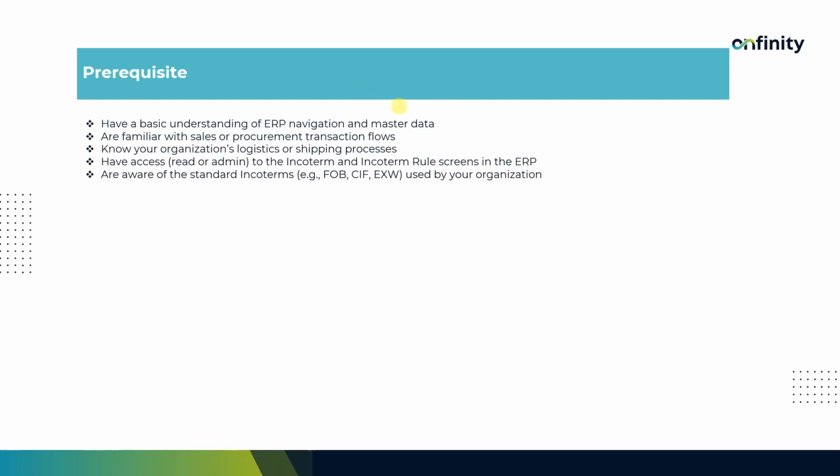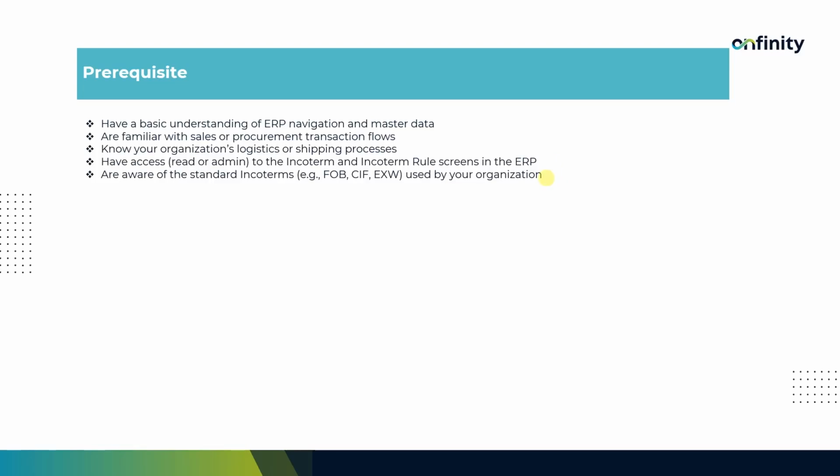As a prerequisite for this training, you must have a basic understanding of ERP navigation and master data screens. You should also be familiar with sales or procurement transaction flows. It is necessary to know your organization's logistics or shipping processes. You must have either read or write access to the Incoterm or Incoterm rule screens within the ERP system on the Onfinity platform.